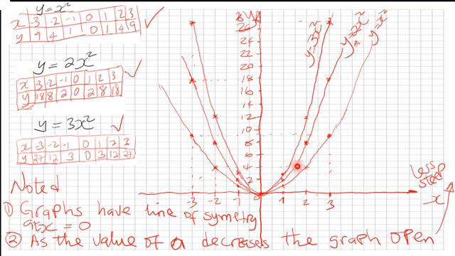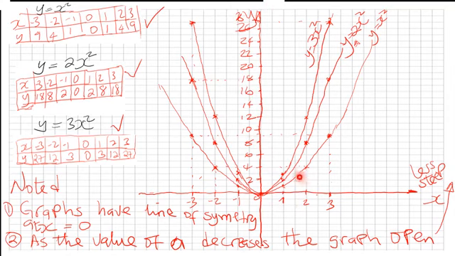We have seen here that the line of symmetry is always at x is equal to 0. And as the value of a decreases, the graph opens up, or when the value increases, it closes up towards the y-axis line.